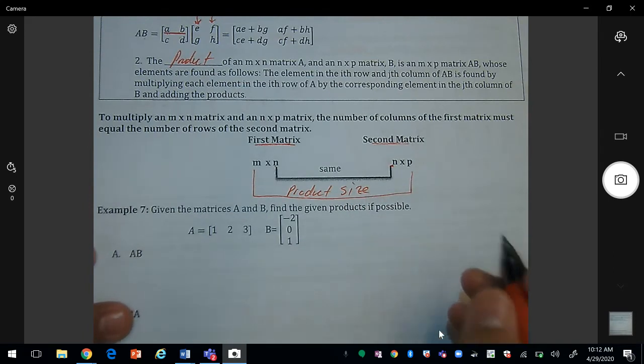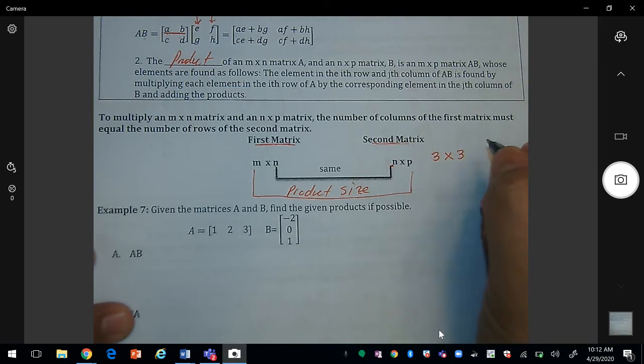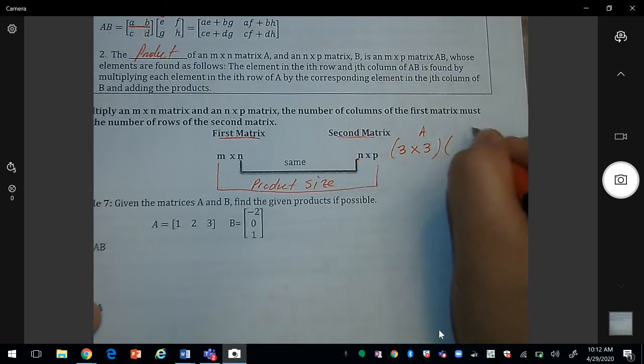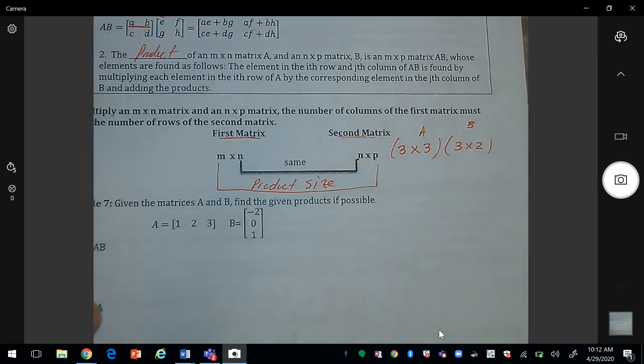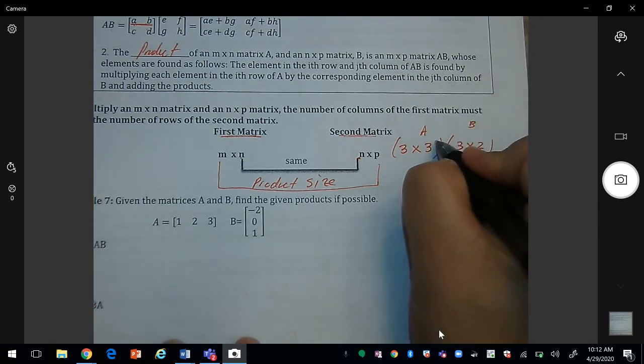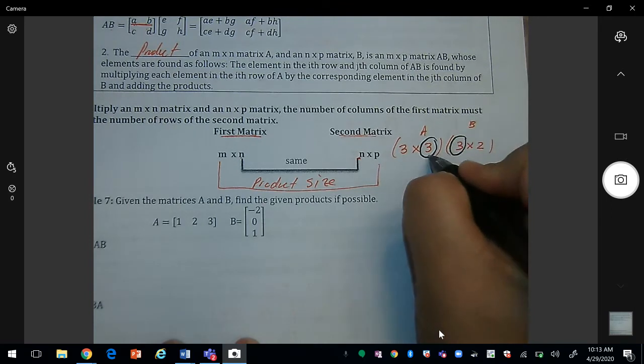So for example, if I had a 3 by 3 matrix, let's say this is matrix A, and I wanted to multiply times matrix B, which is 3 by 2, then in order to check if we can multiply, we would look at the second number, the number of columns, and the first number, the number of rows.